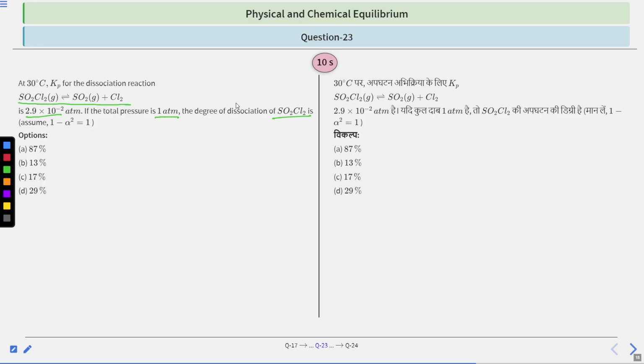We have to find alpha now, and we are given that assume 1 minus alpha squared is equal to 1. We have this dissociation reaction also. Options are 87%, 13%, 17%, or 29%. So you have 10 seconds to solve this question. After that, we will see the answer.